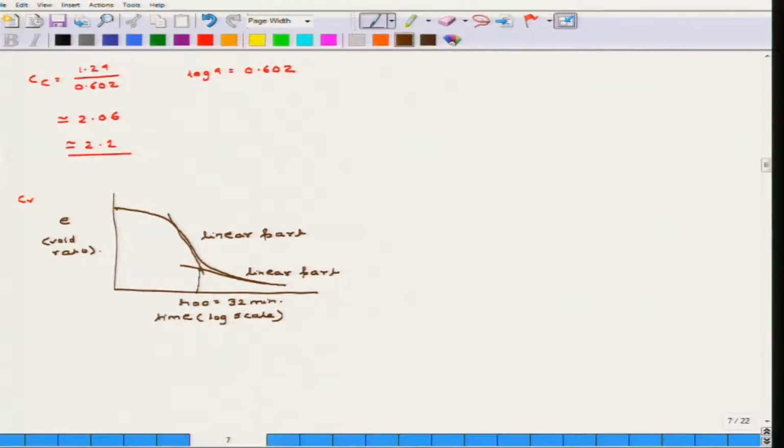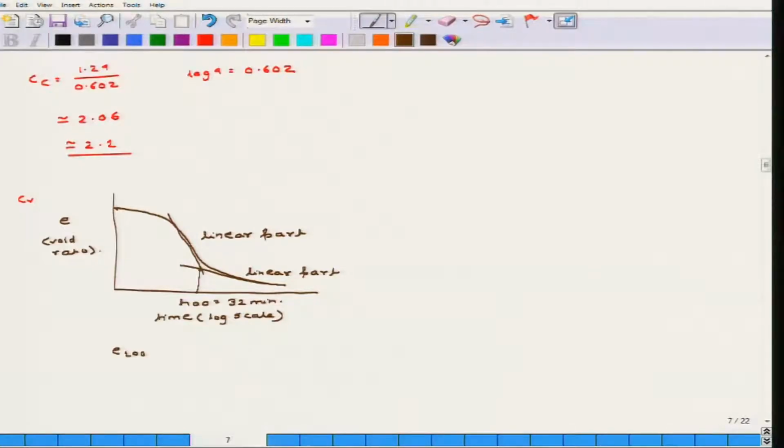Now, once this T100 is found out, find out the E100, that is the void ratio at 100% consolidation. We can also use a different procedure by taking 4 times the length, that is the T50 procedure, that we generally follow, the log method, which I am also going to discuss. So, this is how it looks.